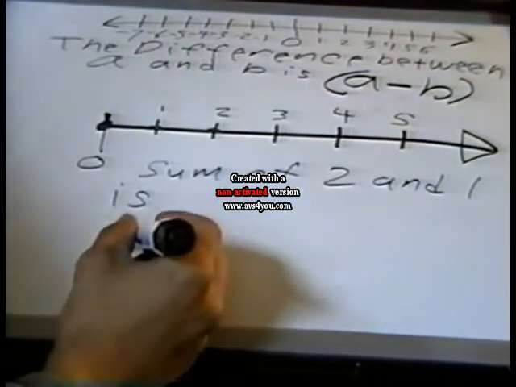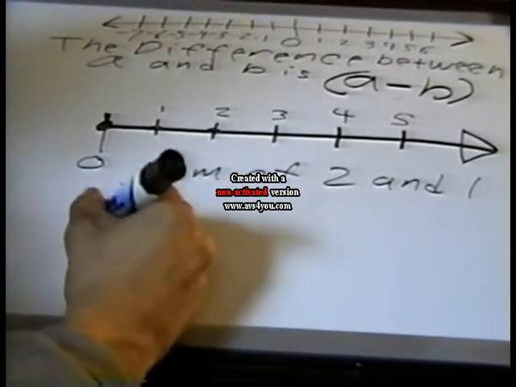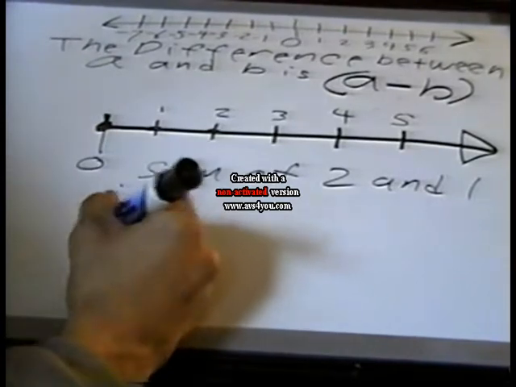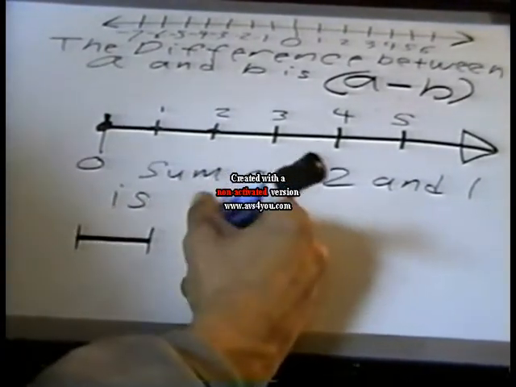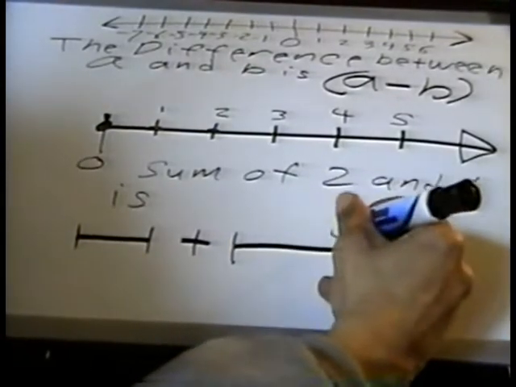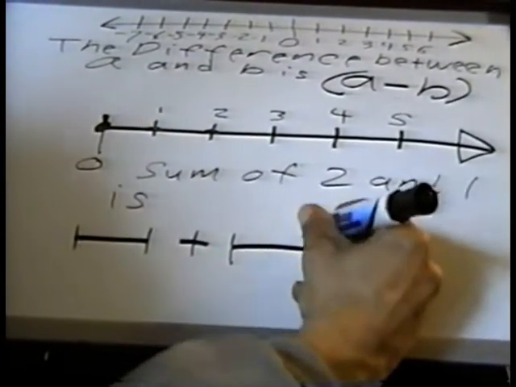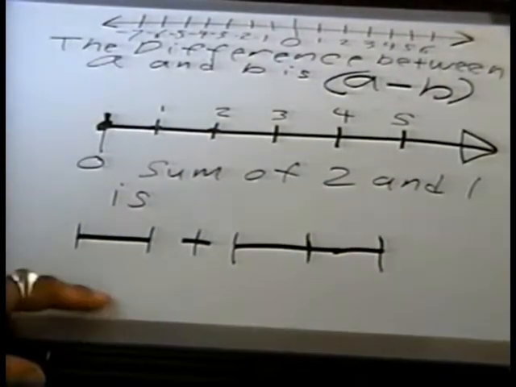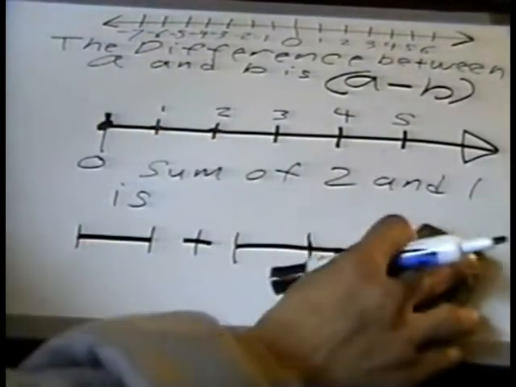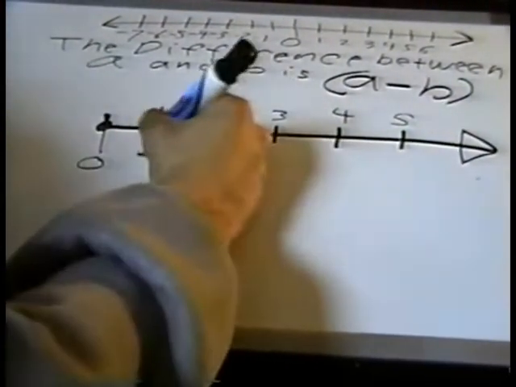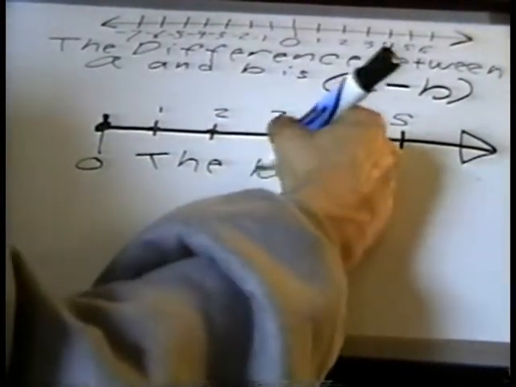Here we have 1. We add this length plus the length of 2. This is our 2. 1 plus 2.